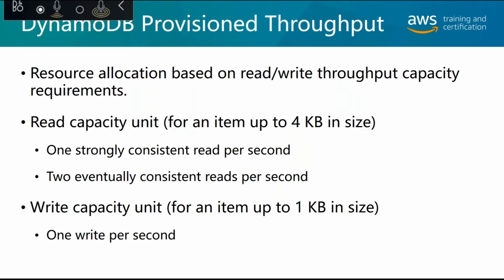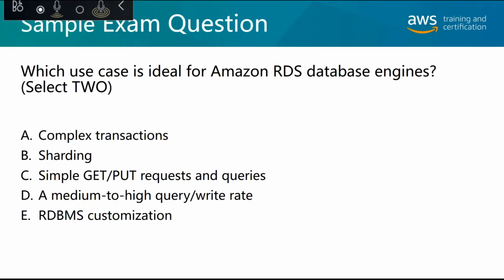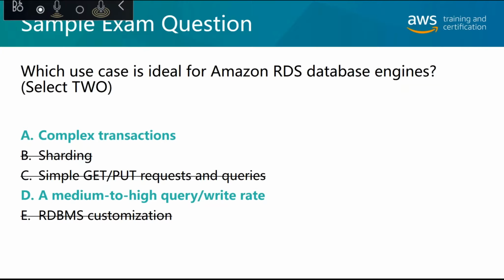You also have the concept of strongly consistent reads and eventually consistent reads, which is half the price of strongly consistent reads. So, a sample exam question: which use case is ideal for RDS database engines? Remember that slide that we just had? You have complex transactions and then medium to high query write rate. So that would be RDS.